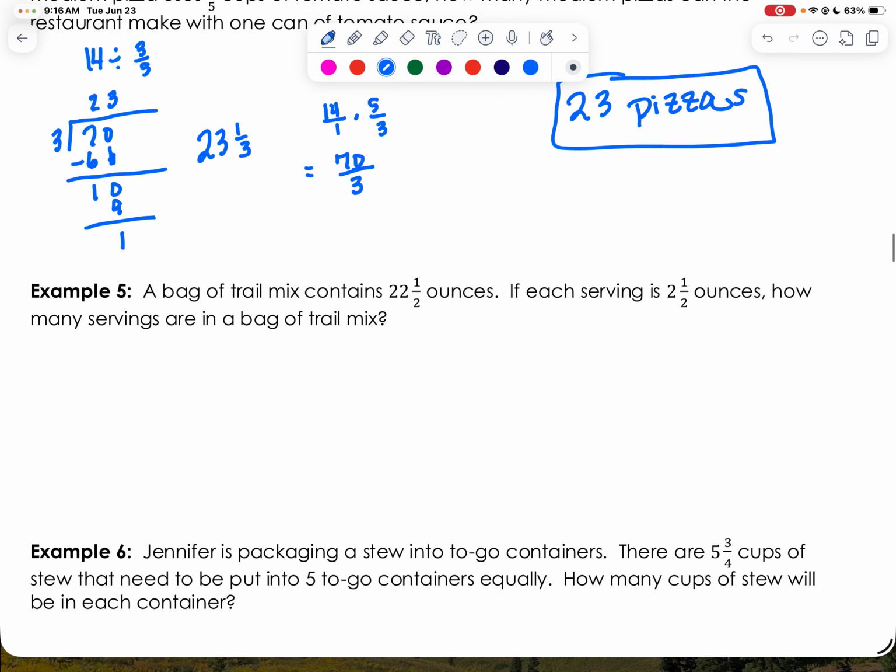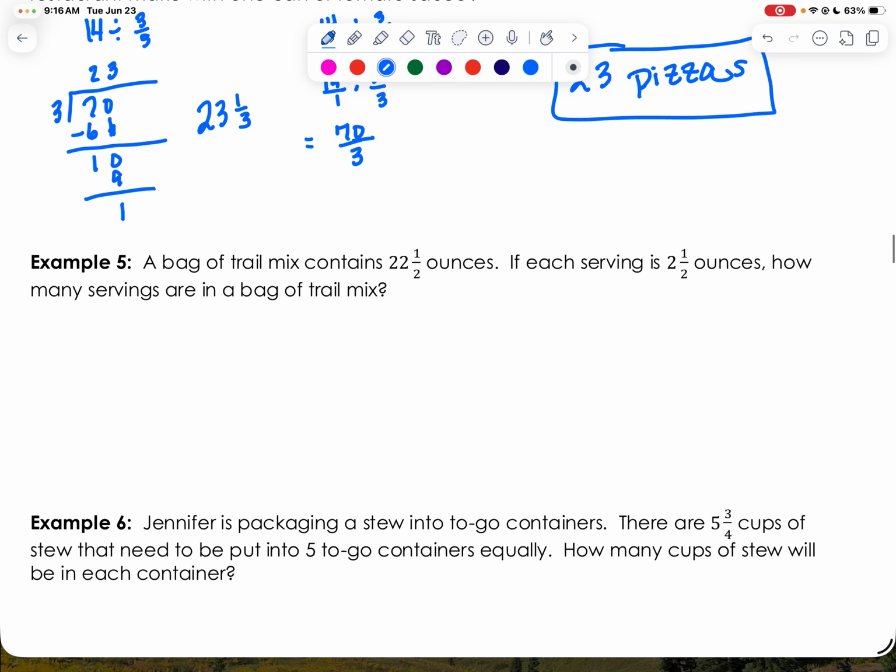Example 5. A bag of trail mix contains 22 and 1/2 ounces. If each serving is 2.5 ounces, how many servings are in a bag of trail mix? So what we're doing here is taking 22 and 1/2 and dividing it by 2 and 1/2. So the first thing I want to do is rewrite these as improper fractions.